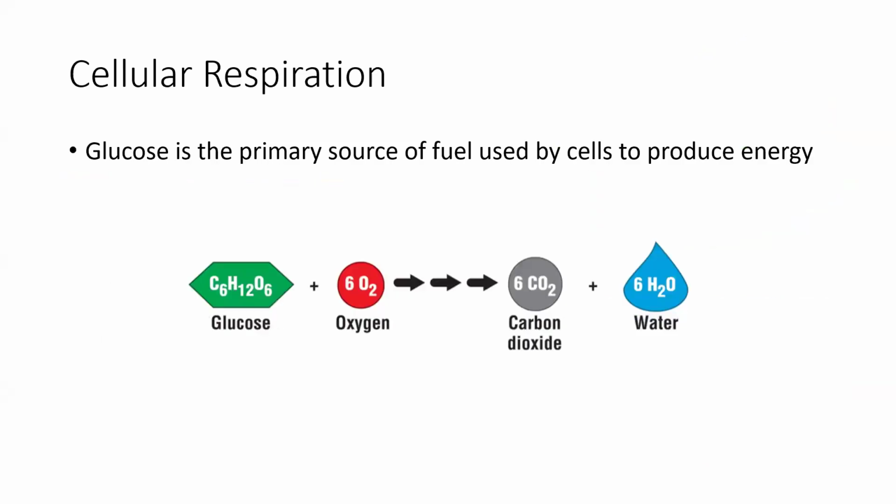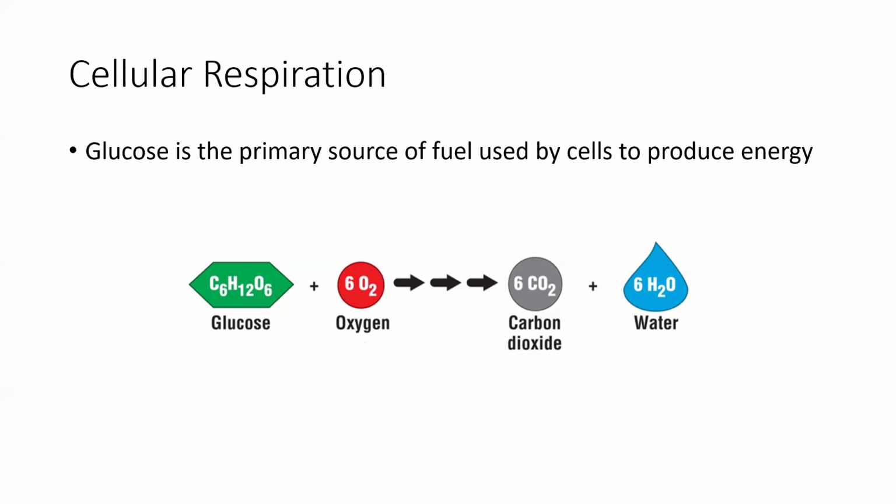Before that, this is the equation called cellular respiration. You don't have to memorize it yet. We're going to spend a whole lecture learning about this equation later on, so for now I'm just showing you. In cellular respiration, you take the glucose from the food and react it with the oxygen that you breathe in, and you get carbon dioxide and water.